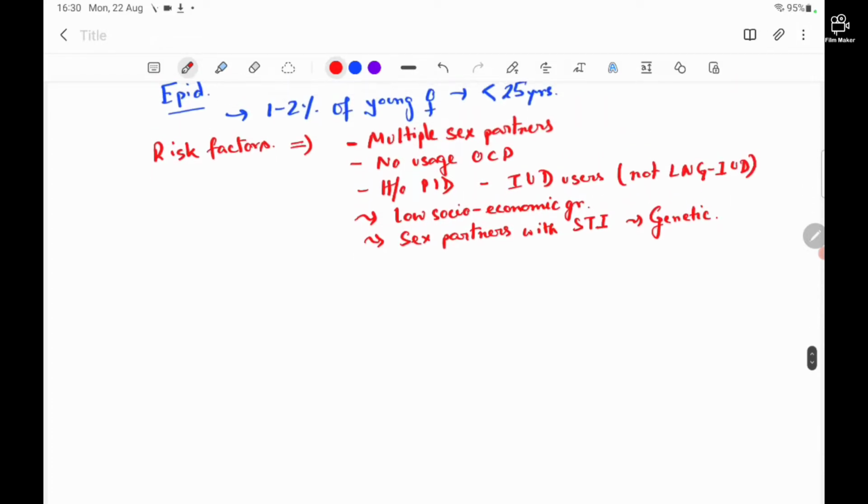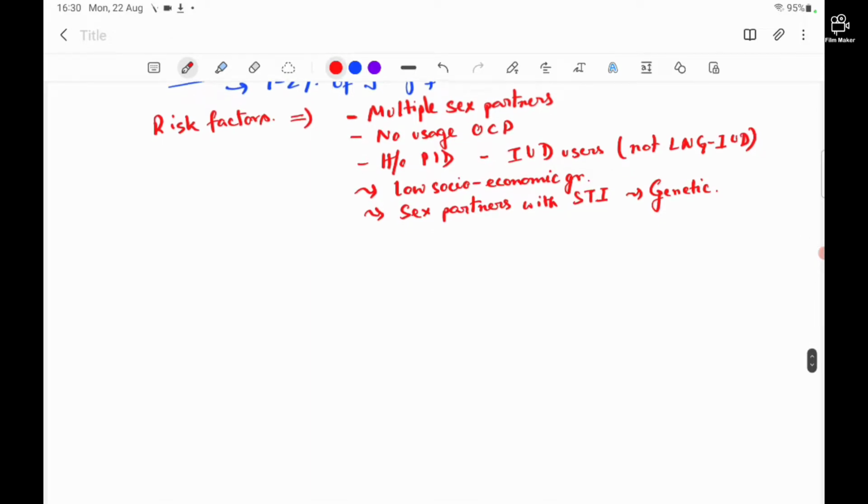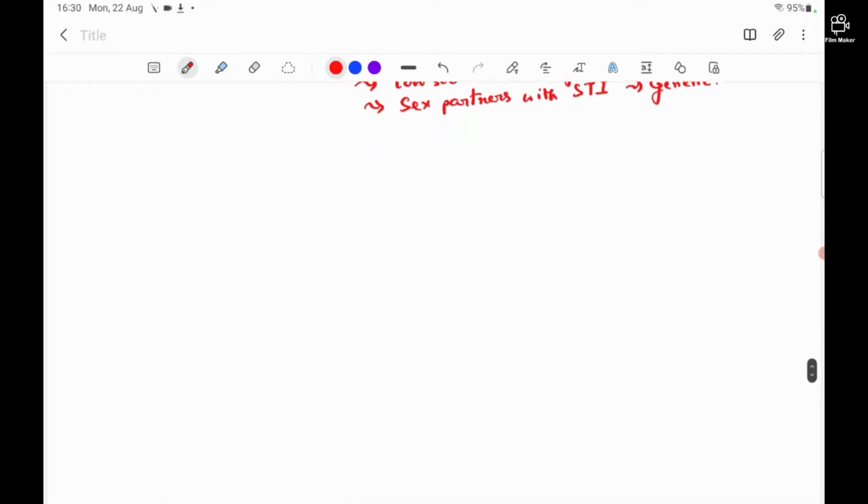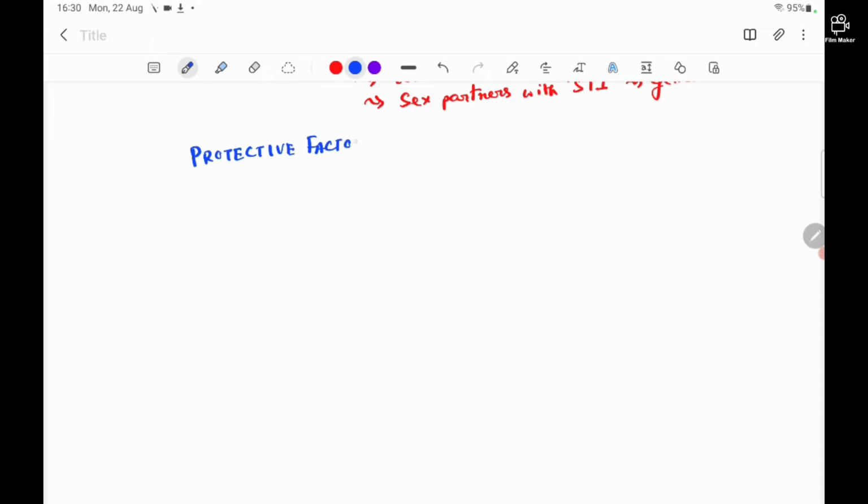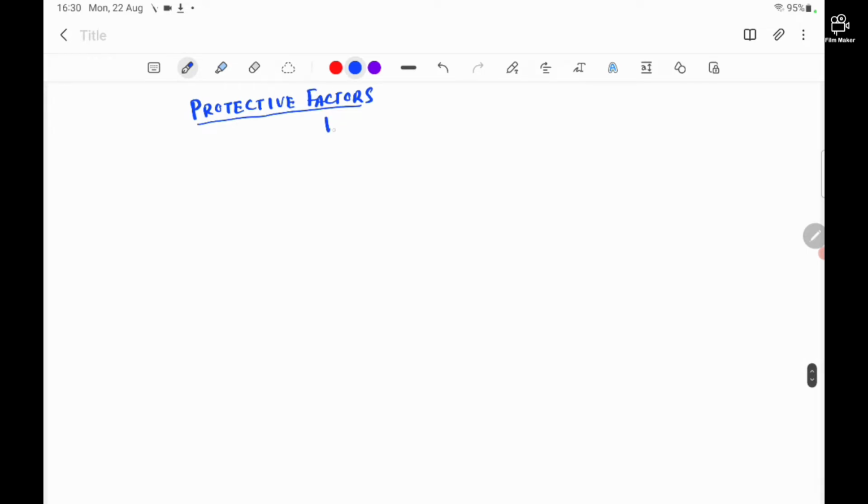Now, we have learned about the risk factors. What are the protective factors against PID? Protective factors, we can group them broadly into two.